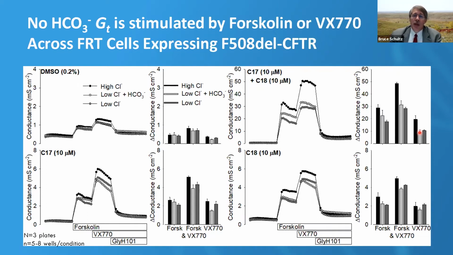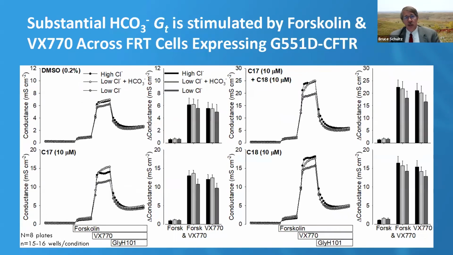So the next question we asked then was whether or not these observations could be extended to other variant forms of CFTR, and we looked at two of them. And in this case, rather than being trafficking mutations, we are looking at gating mutations. The first is the G551D, and the title of the slide says much. Substantial bicarbonate conductance is stimulated by forskolin and VX770 across these cells expressing G551D CFTR.